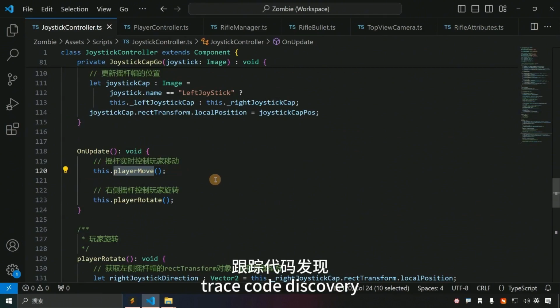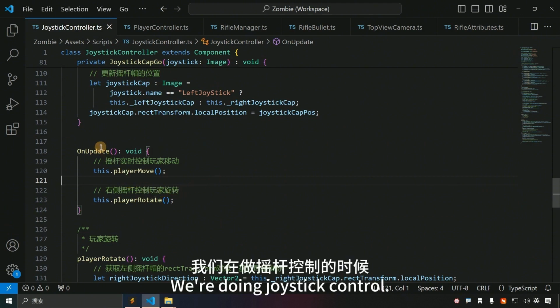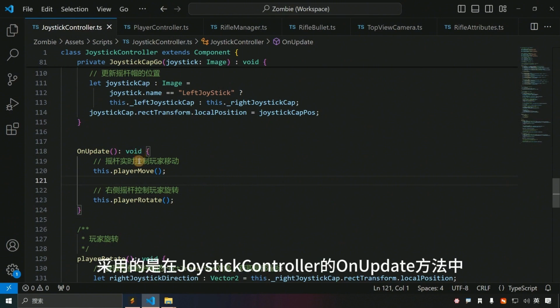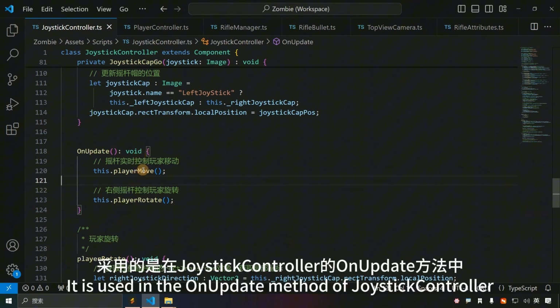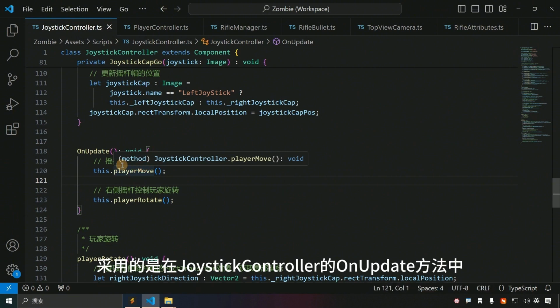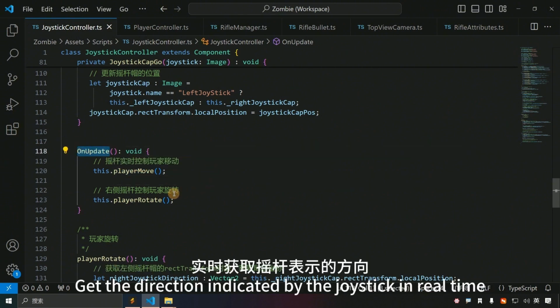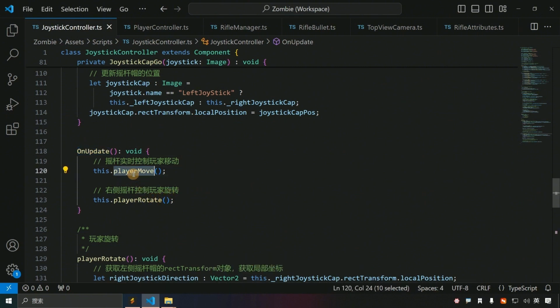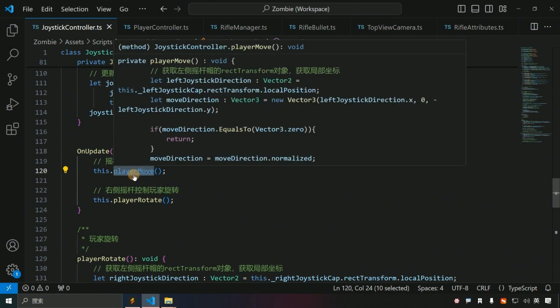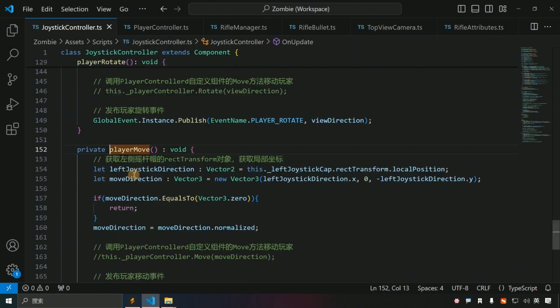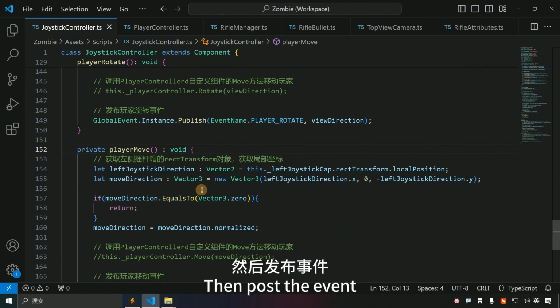Finally, tracing the code, we discovered that we're doing joystick control. It is used in the onUpdate method of the joystick controller. It gets the direction indicated by the joystick in real time, then posts the event.